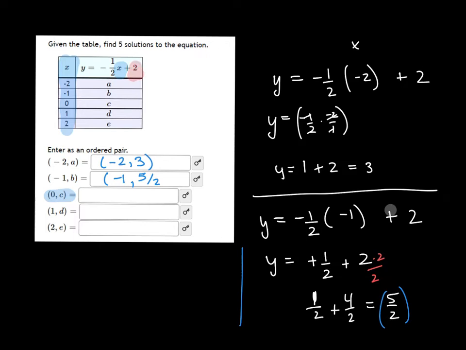I can show you that because it's just y is equal to -1/2 times 0. That's why that always goes away, plus 2. So my point for the next one would be when x is 0, 2. And that gives me my y-intercept. That's my b in y equals mx plus b.